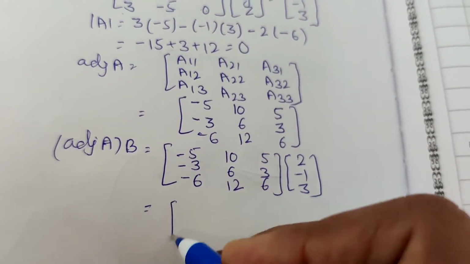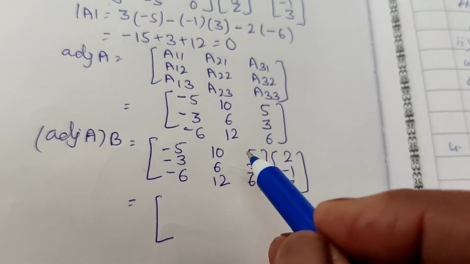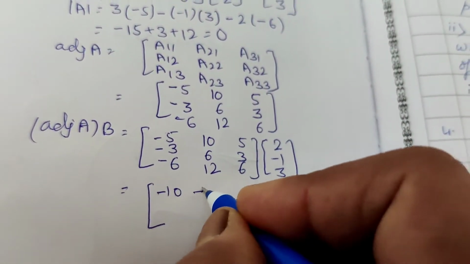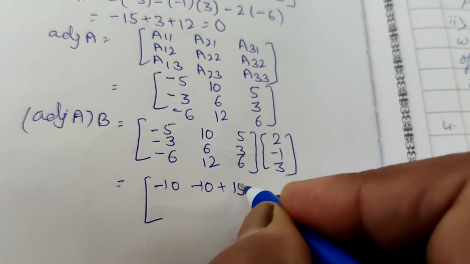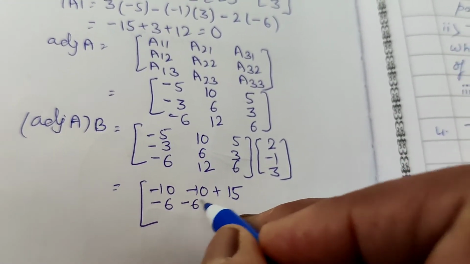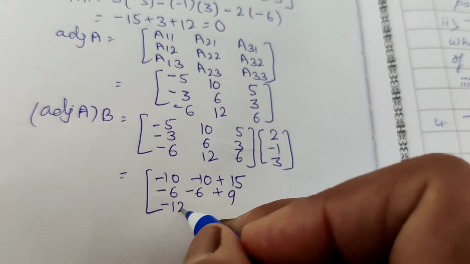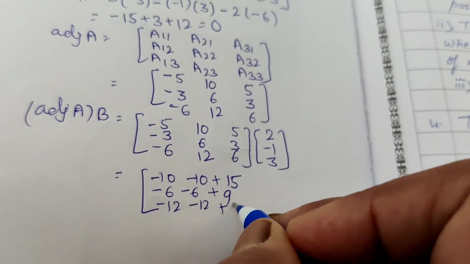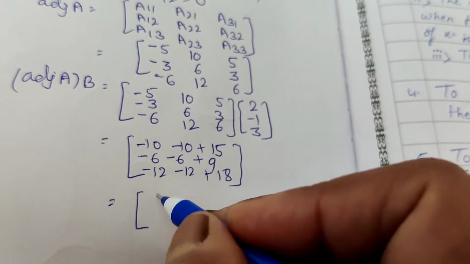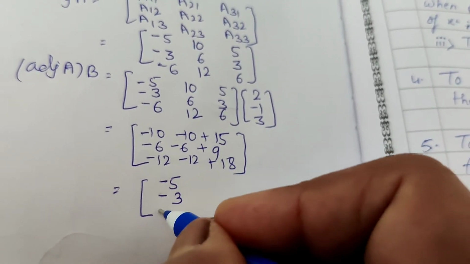Now multiply like this: minus 10 plus 15, minus 10 plus 15, and next minus 6 plus 9, minus 12 plus 18. Now solve, get minus 20 plus 15, it is minus 5, minus 3, minus 6.